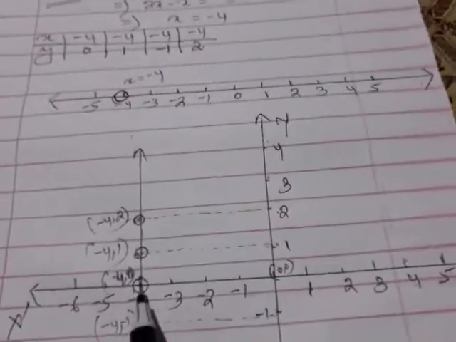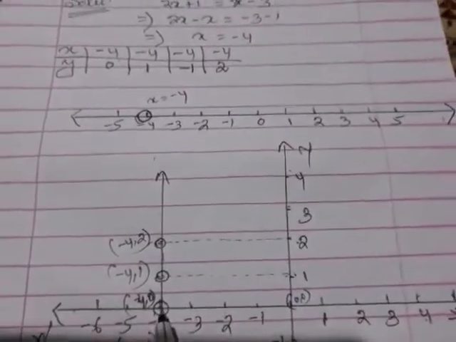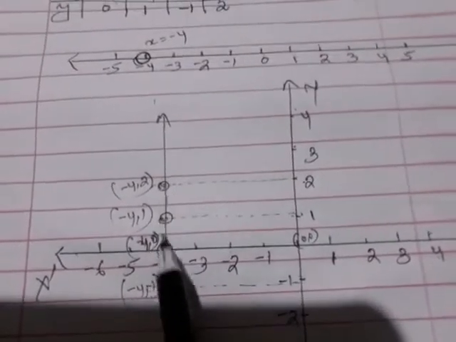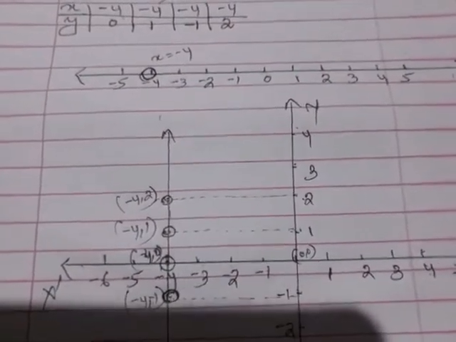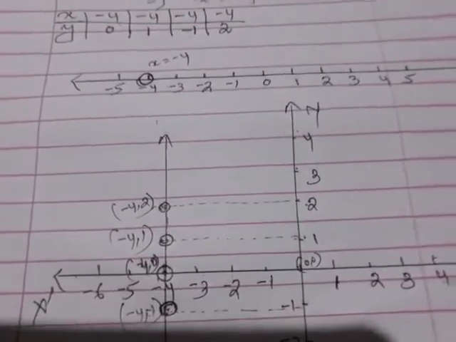We have x is equal to minus 4. Minus 4, 0. This is the point. X is minus 4, y is 0. X is minus 4, y is 1. X is minus 4, y is 2. X is minus 4, y is minus 1. Joining these 4 points and draw a straight line. This straight line is our solution, that is parallel to y axis.